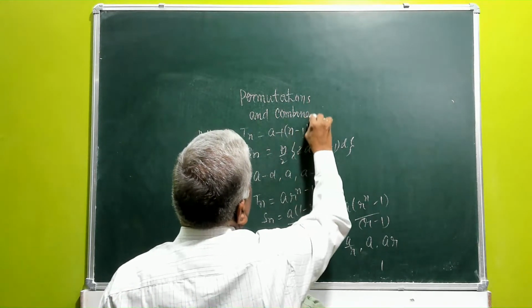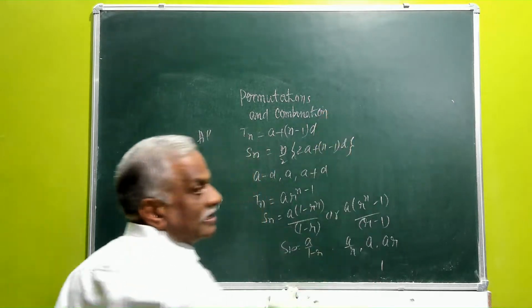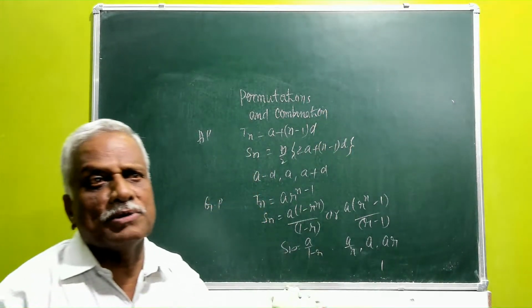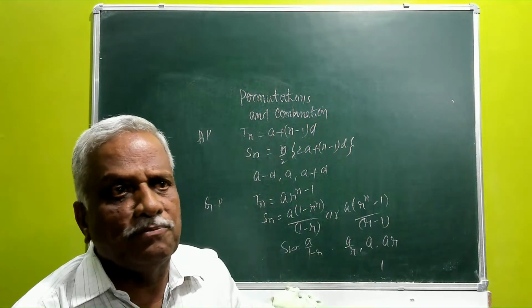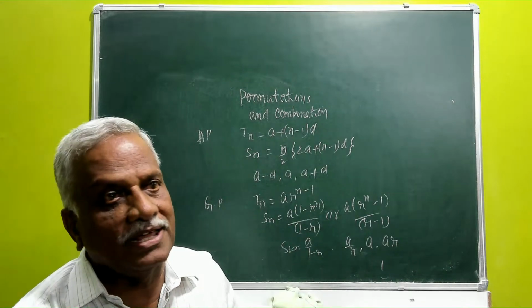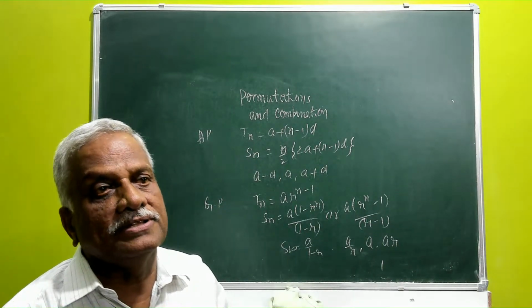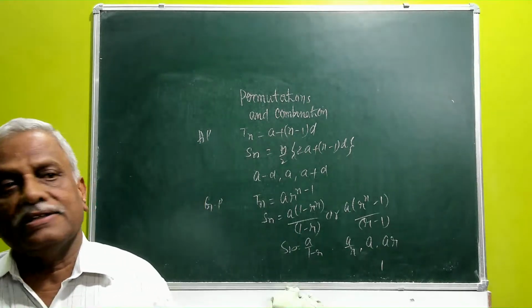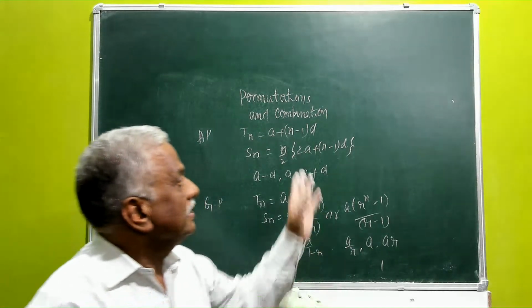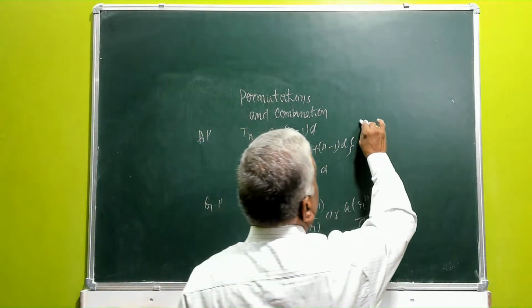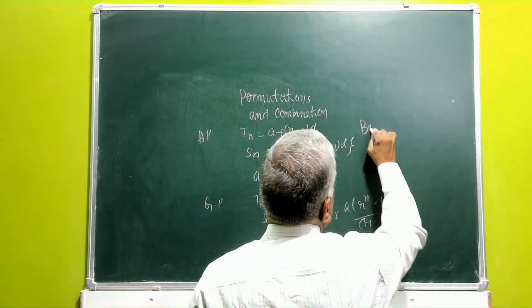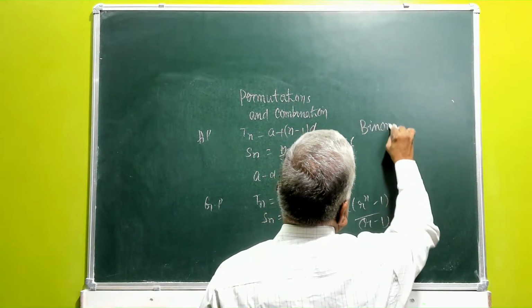I will be concentrating only on the problems given in the CET, because the permutation problems are very interesting and important, but we have got our own limitations. I am confining myself to the standard of problems given in the CET examination. If we are able to complete that, we can move on to the binomial theorem.